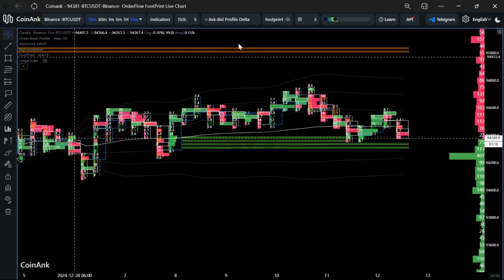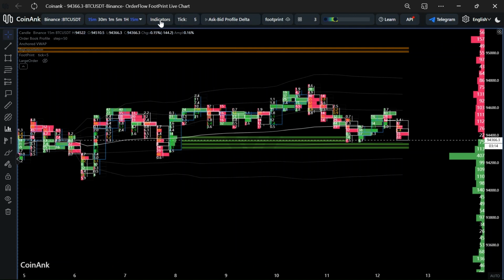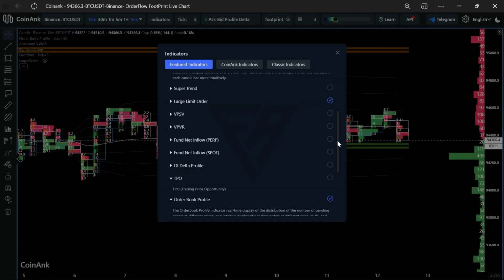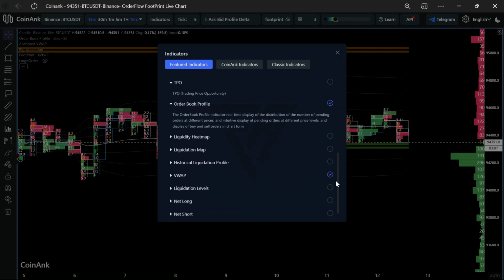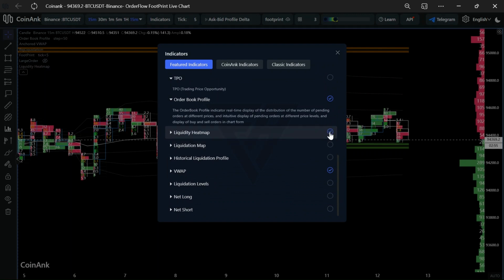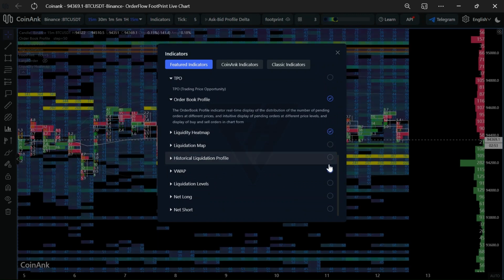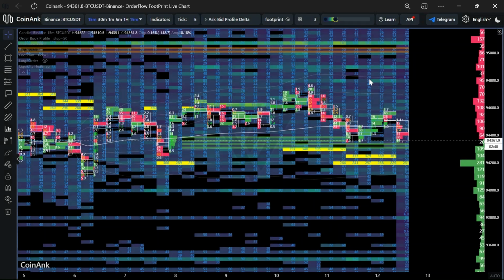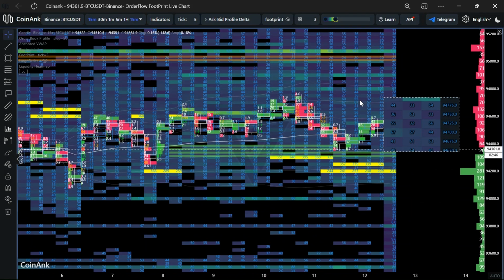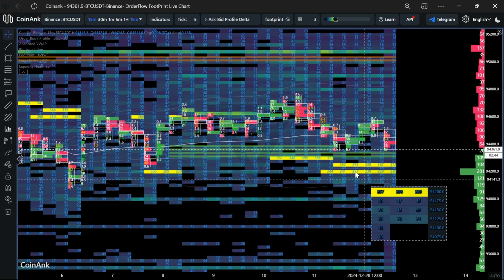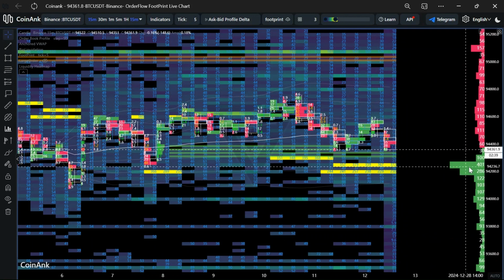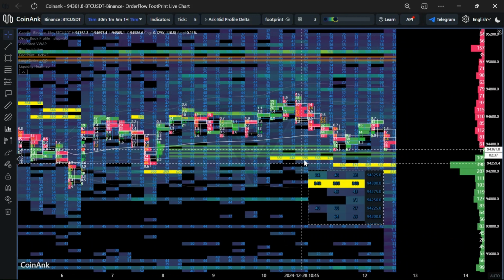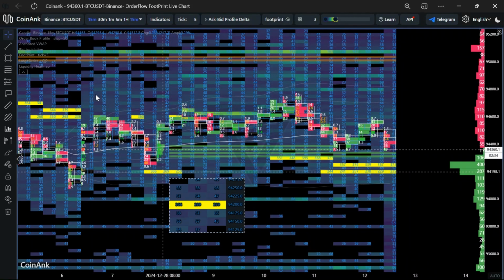Going on next, we can look at liquidity heat map. Heat map is a visual representation of historical passive liquidity in the order book and is updated in real time. It shows both current and past limit order distribution on the price chart. Both heat map and order book profile are similar, but the profile just shows current limit orders, not historical.